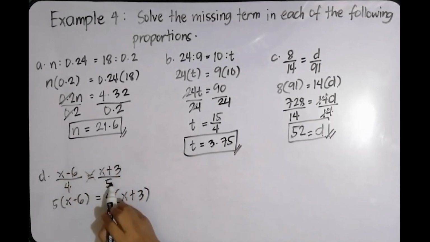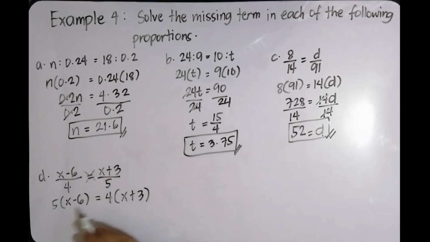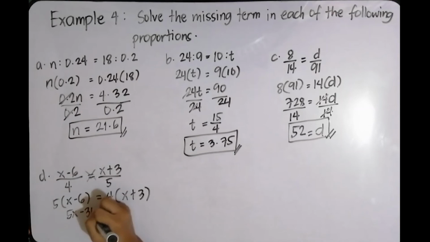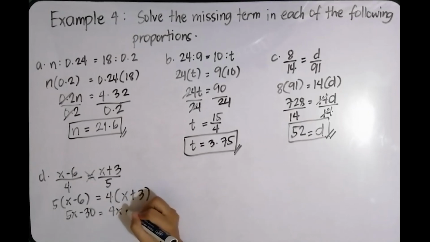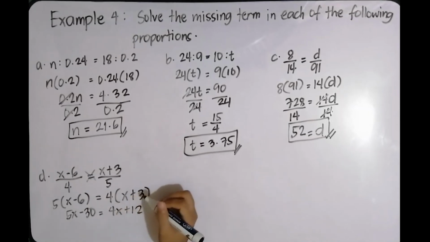So we just multiply 5 to x minus 6 and then 4 to x plus 3. So let's expand this equation. We have 5 times x, we have 5x. 5 multiplied by negative 6, we have minus 30. Equals 4 times x, that is 4x. Then 4 multiplied by positive 3 is positive 12.